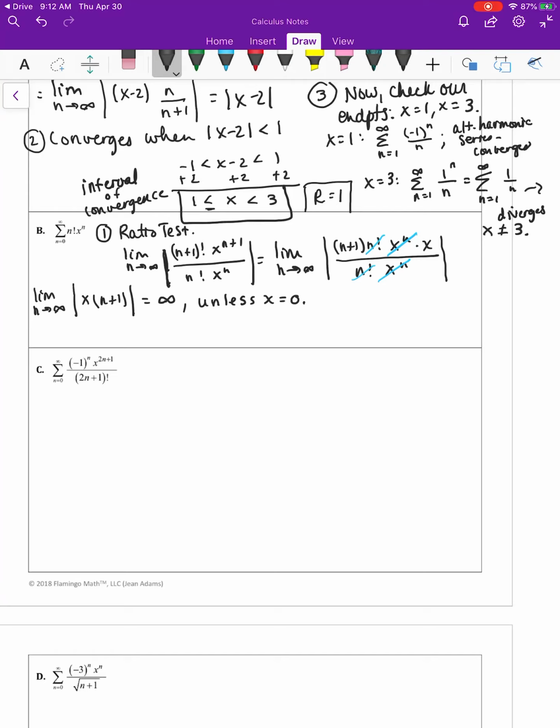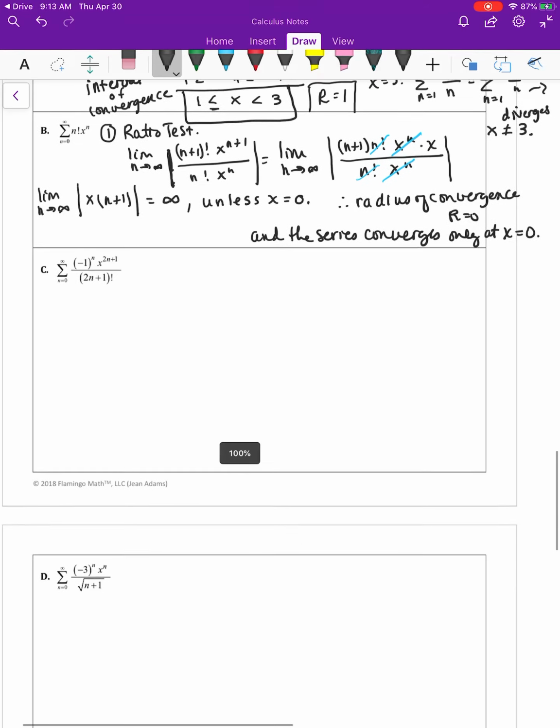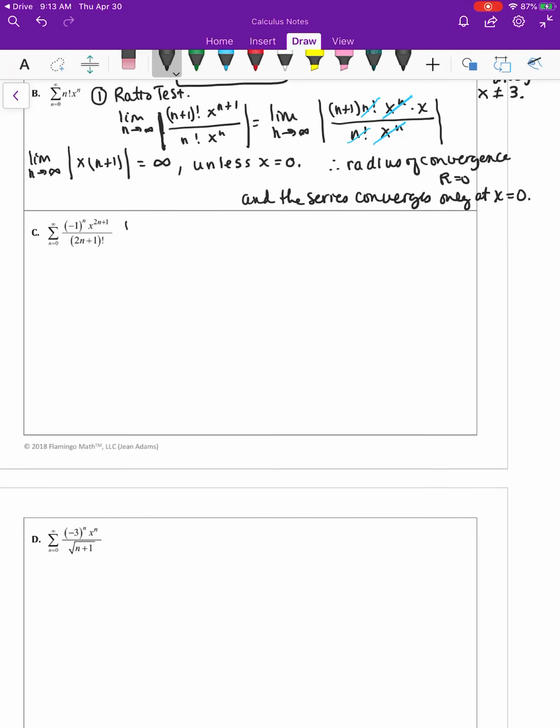So that means that 0 is the only thing that's going to give you convergence. So the radius of convergence is r equals 0, because there's only one thing, and the series converges only at x equals 0. So there is no interval of convergence.